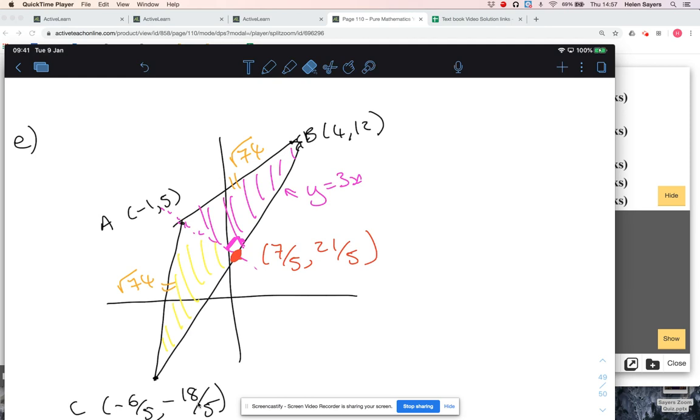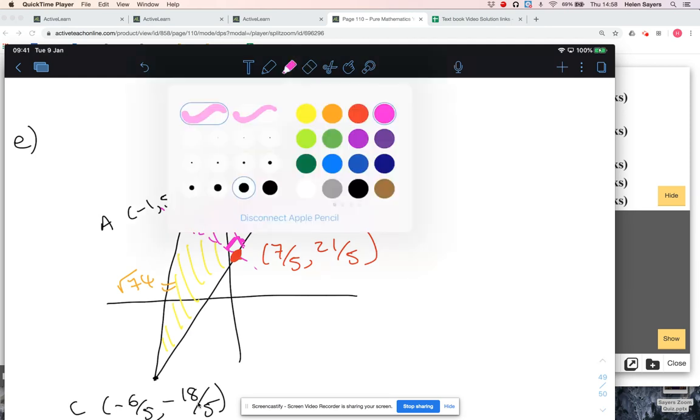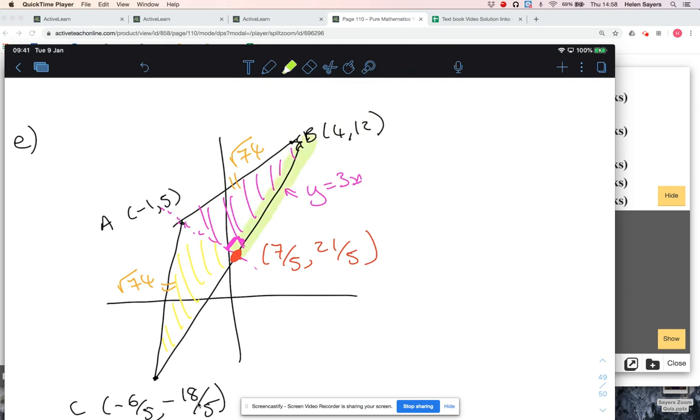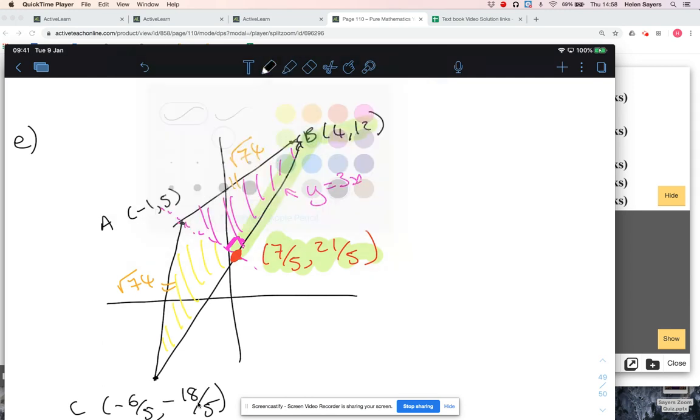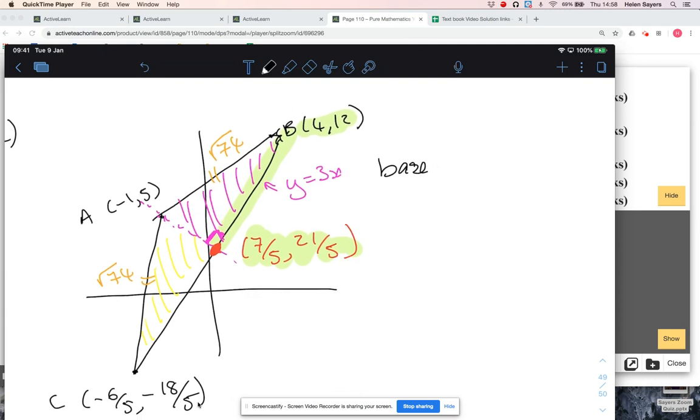So I can get the base of that pink triangle by doing the distance between (4, 12) and that point. So that's going to be the length of the base of that triangle. That's going to be the square root of 4 minus, sorry, it's a right mess, let's try that again.